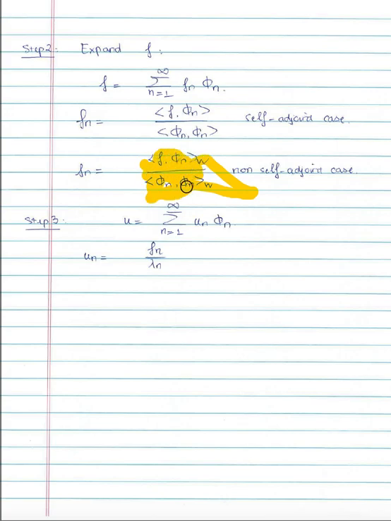This is in the case where you have self-adjointness. Otherwise, you're gonna have to divide the inner product of f and phi n by the inner product of phi n and phi n. Remember that in this case you have the weight W.